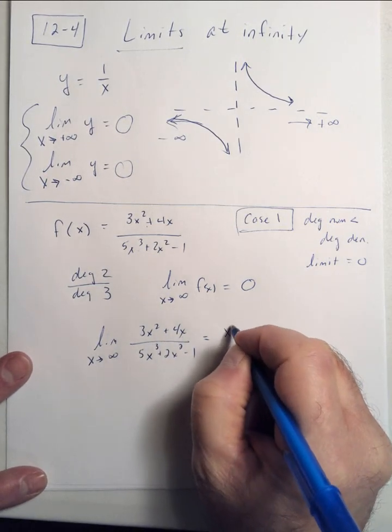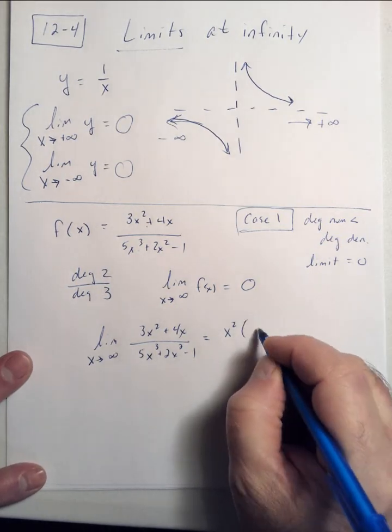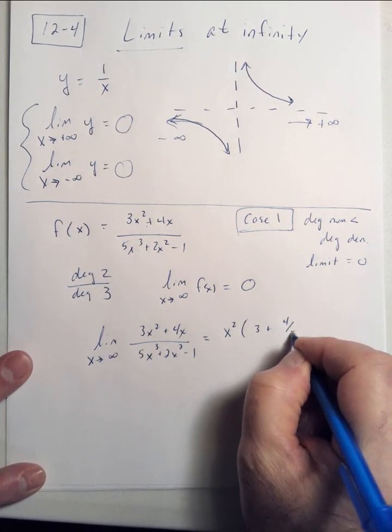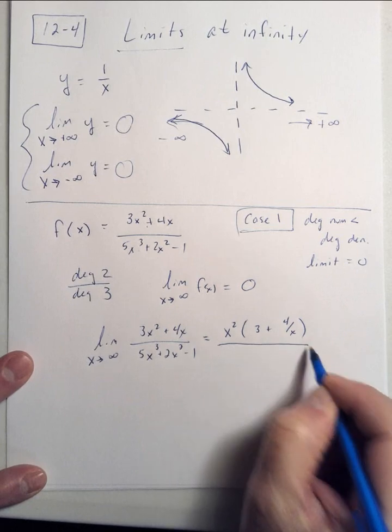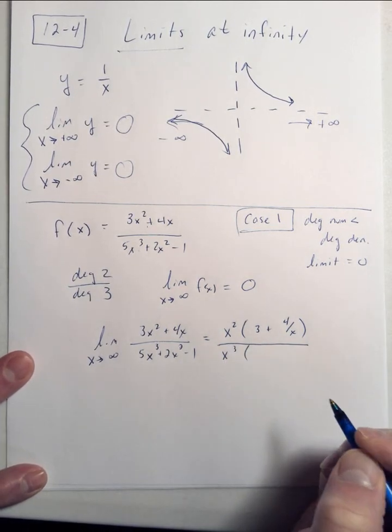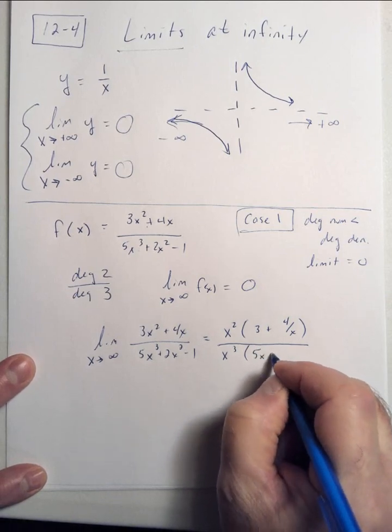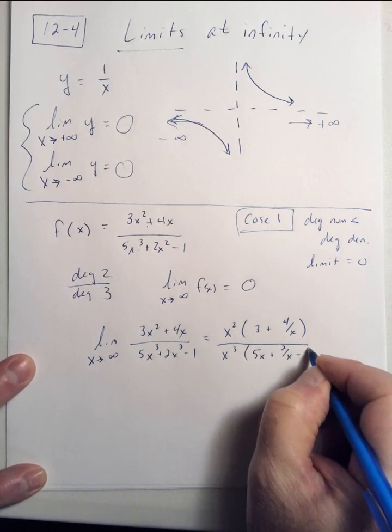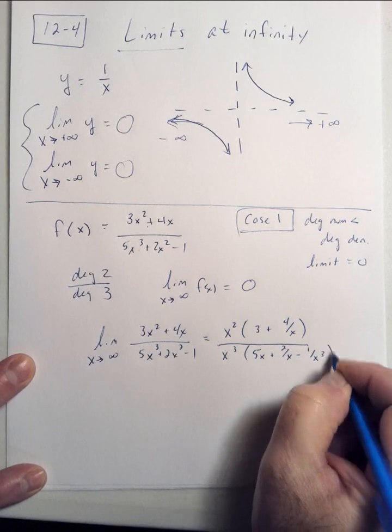So I'm going to take out the x squared, and that's going to leave me 3 plus 4 over x. And I'm going to look at the bottom and factor out the x cubed, and that's going to leave me 5 plus 2 over x minus 1 over x cubed.